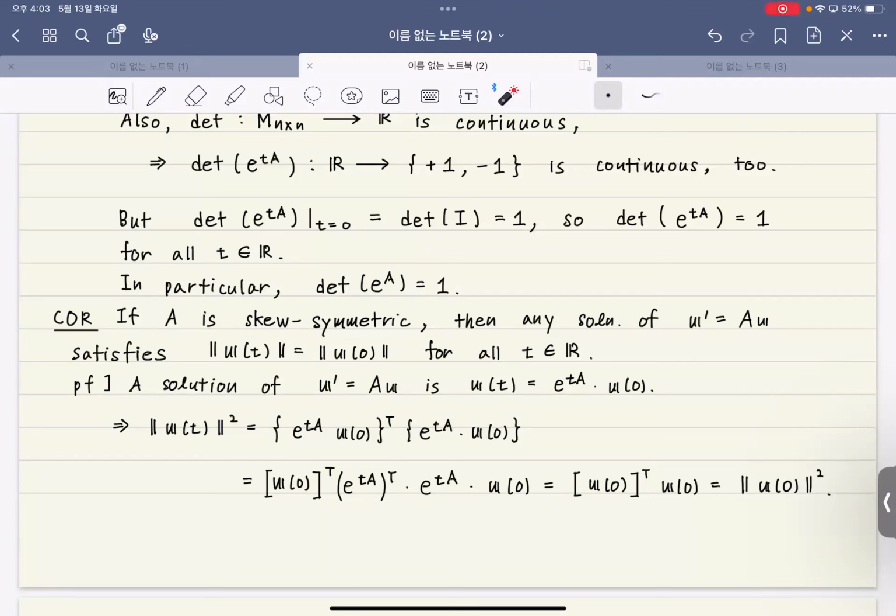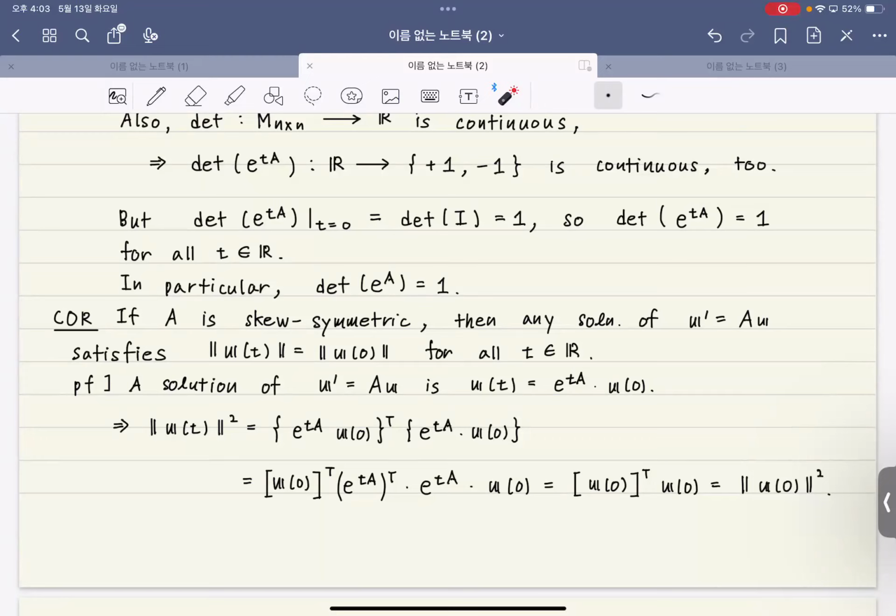But if your matrix A is skew-symmetric, then your vector u(t) may somehow rotate about the origin, but the length of your vector u(t) always remains the same. So in other words, this is a neutrally stable system, right?